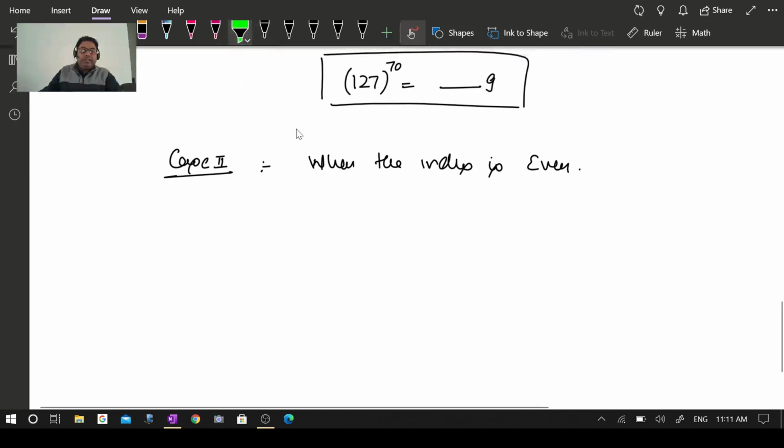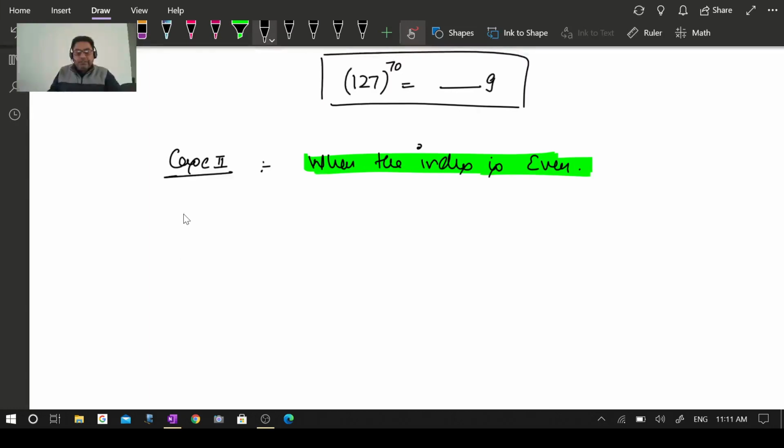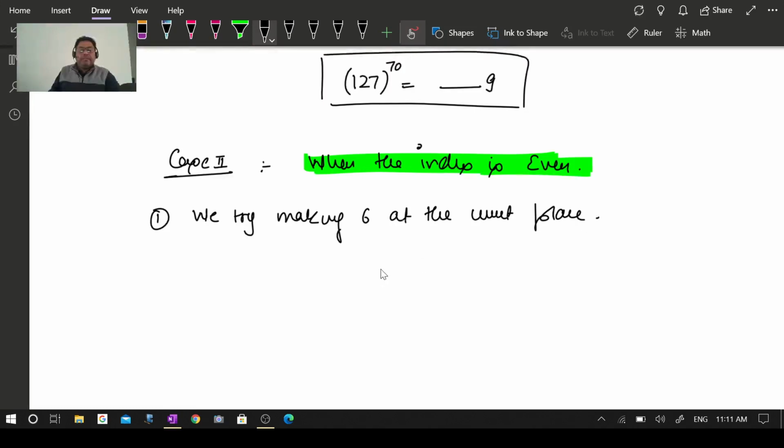Now this is again really important, because sometimes students get confused with the odd index. So please pay attention, when the index is even, guys, important part, we try making 6 at the unit place.